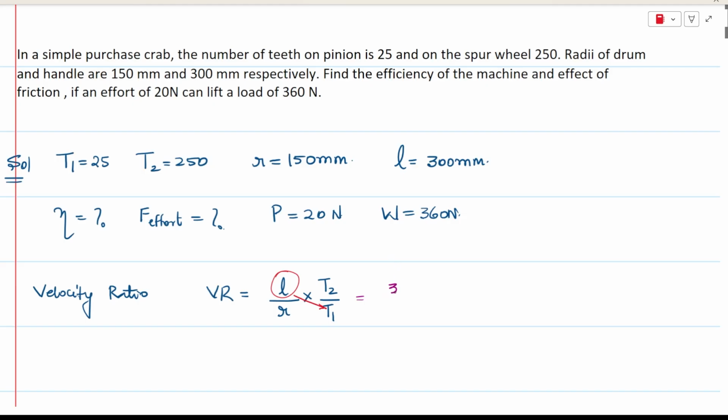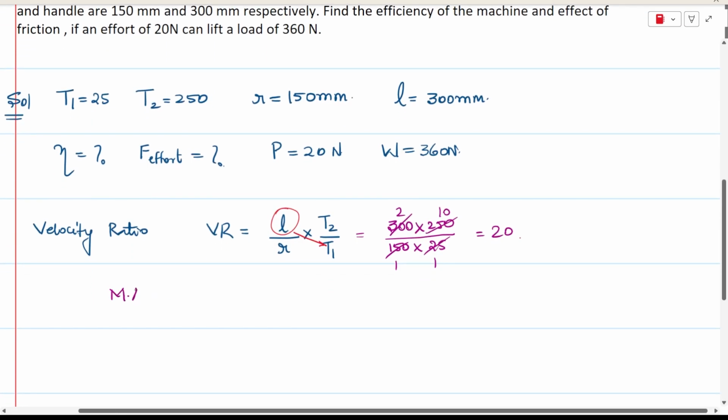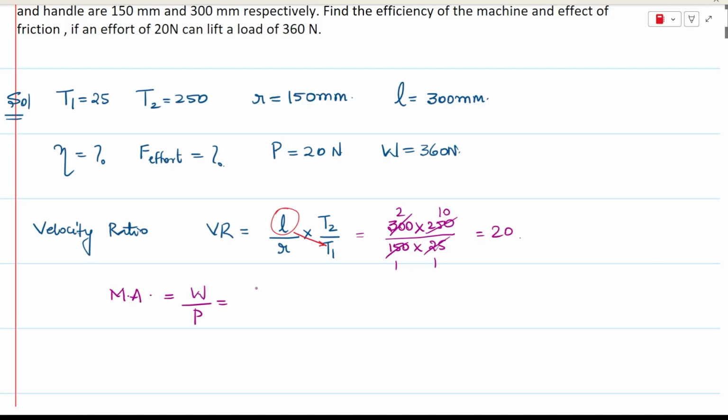So L here is 300 into 250 divided by R, here it is 150 into 25. So 25 ones and 25 tens, and this would be 150 ones and this is 150 twos. So velocity ratio comes out to be 20, and mechanical advantage, which is equal to W by P, is equal to 360 divided by 20, which is 18.